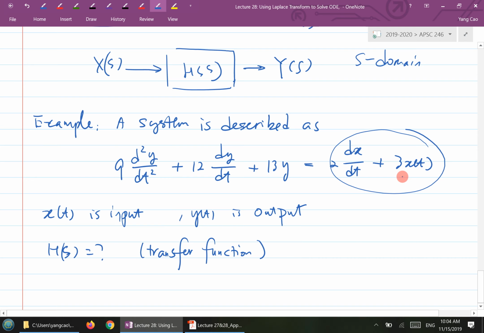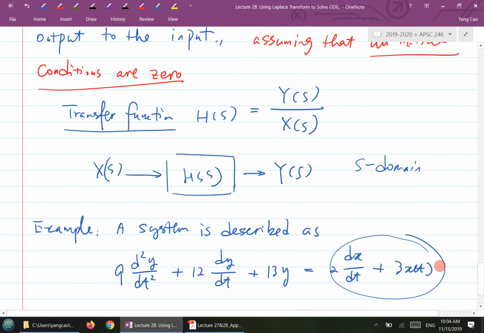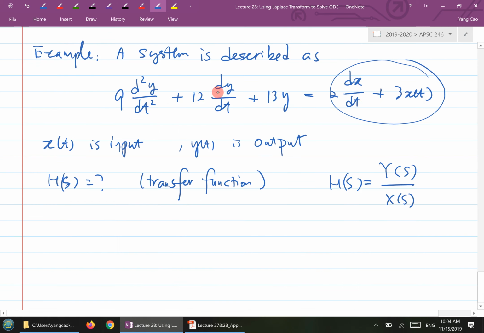But the question here is looking for the transfer function, H of s. And transfer function by definition is the ratio between these two, assuming all initial conditions to be 0. So here's what we do.